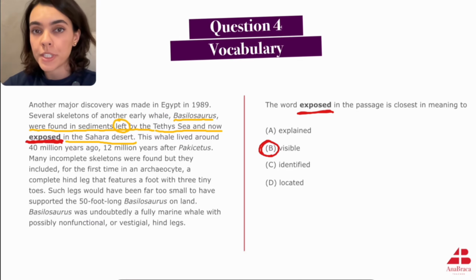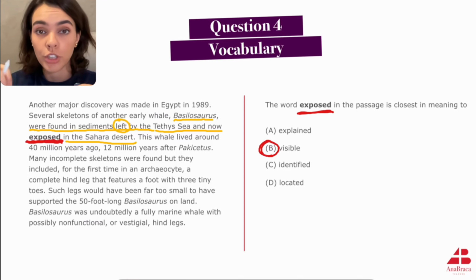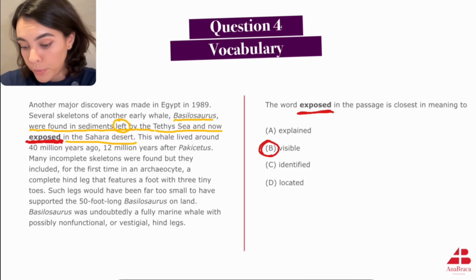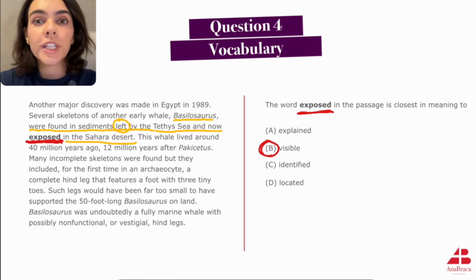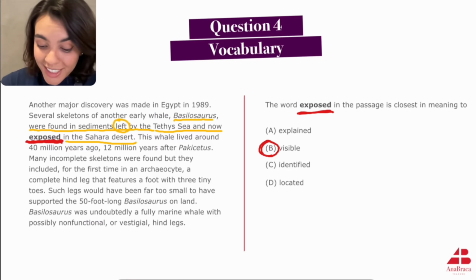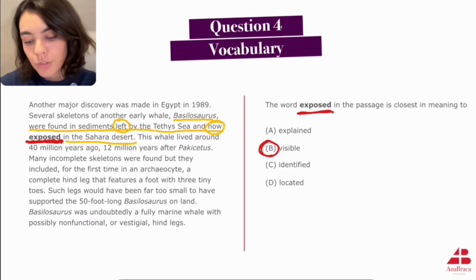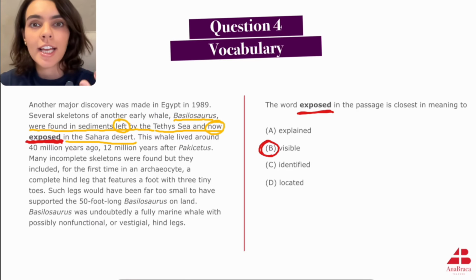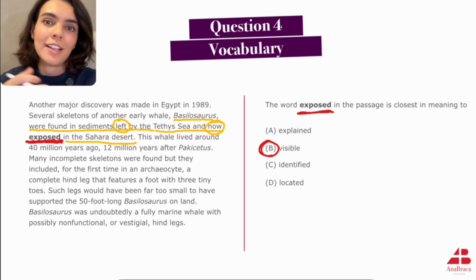Why the other options are incorrect? First of all, because they are not the dictionary meaning of the word "exposed." And also, for example, if you choose "identified," and also if you choose "located," the word "now" makes it impossible to be "located," because if you say something is now located, it feels like it was transferred to another site, which makes zero sense in context, because it didn't change places, like a fossil, right?